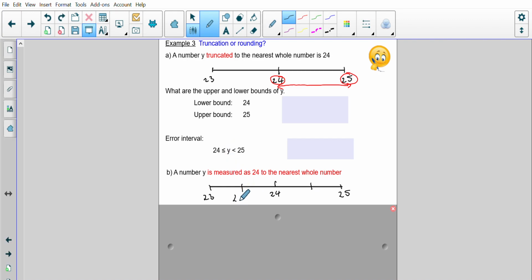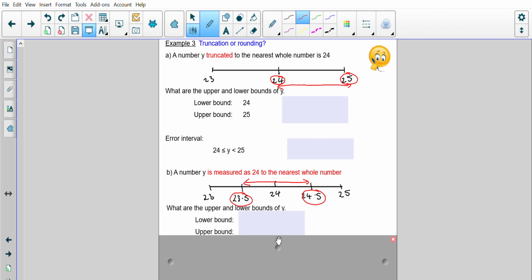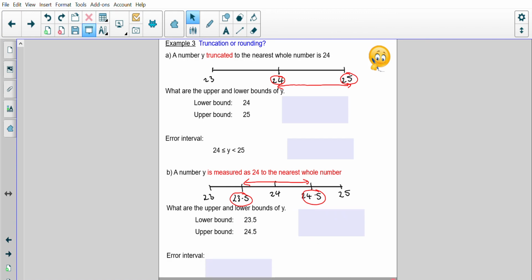Sorry, that should be 23.5 and 24.5. So this time my lower bound is 23.5, my upper bound is 24.5, and I can see that my error interval stretches between the halfway points. And there's our error interval there.